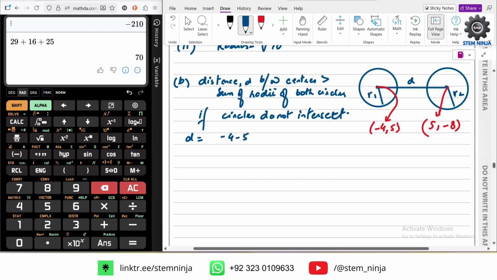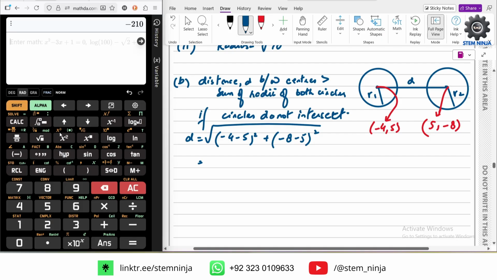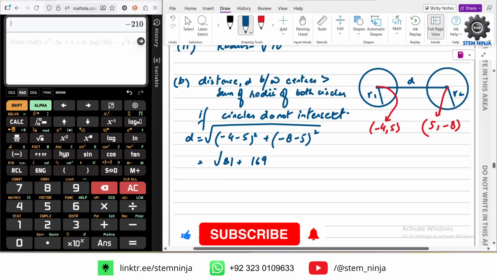So minus 4 minus 5 whole squared plus minus 8 minus 5 whole squared. So this is 9 squared, 81 plus 13, right? So 5 minus minus 8, or minus 4 minus 5, and this is 8 plus 5, 13, so 169.